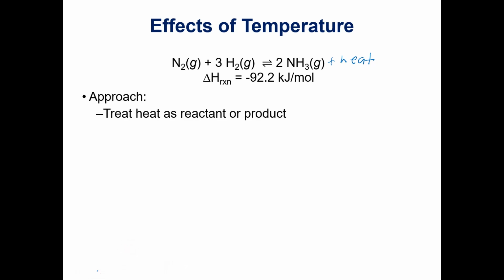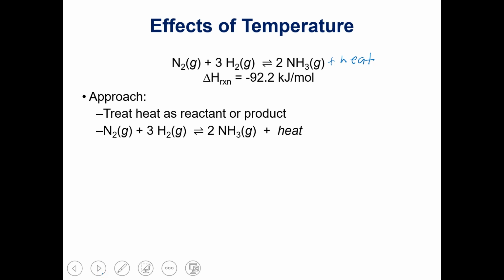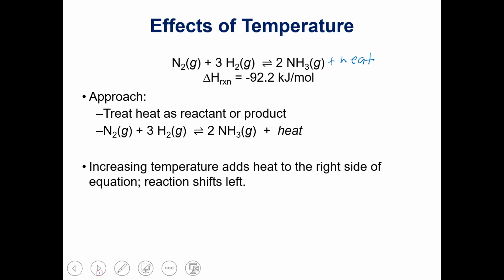So the way to deal with heat when we're trying to determine the effect of temperature is to treat heat as a reactant or a product. If the reaction is exothermic, heat is a product. If the reaction is endothermic, heat is a reactant.